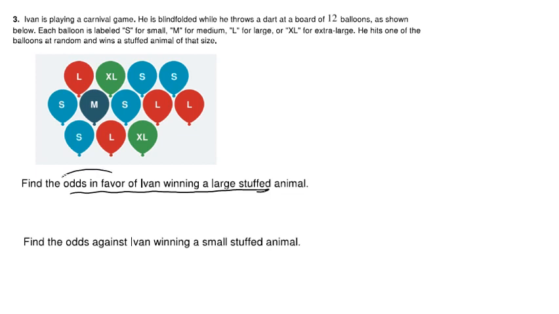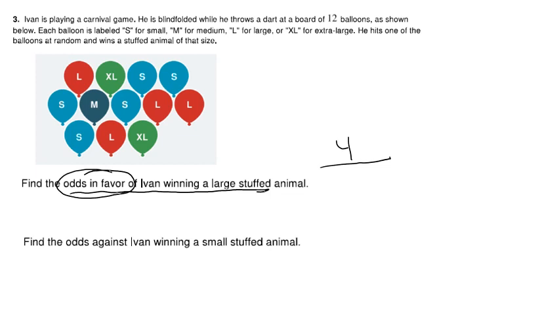and its odds in favor is the number of ways he can win a large stuffed animal, which is 1, 2, 3, 4. 4 ways of winning. There are 12 balloons in total, right? Yep, there's 12 in total, but again, the denominator is the number of ways he will not win a large stuffed animal.